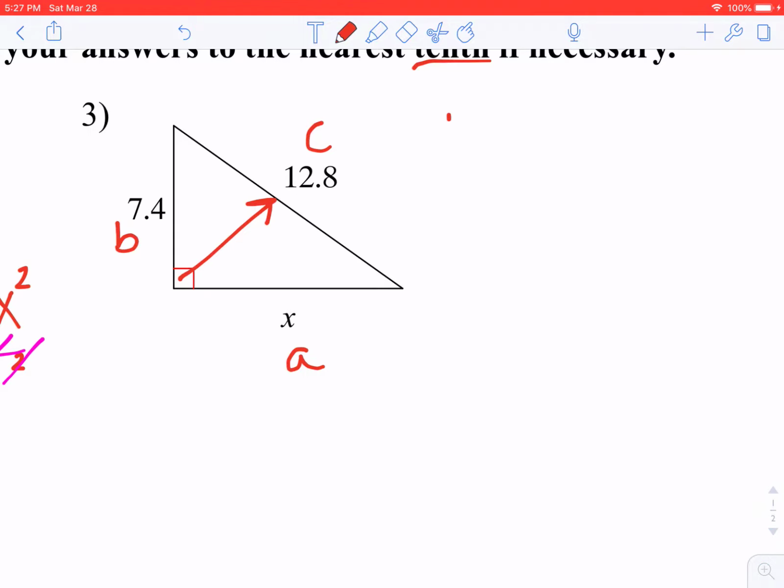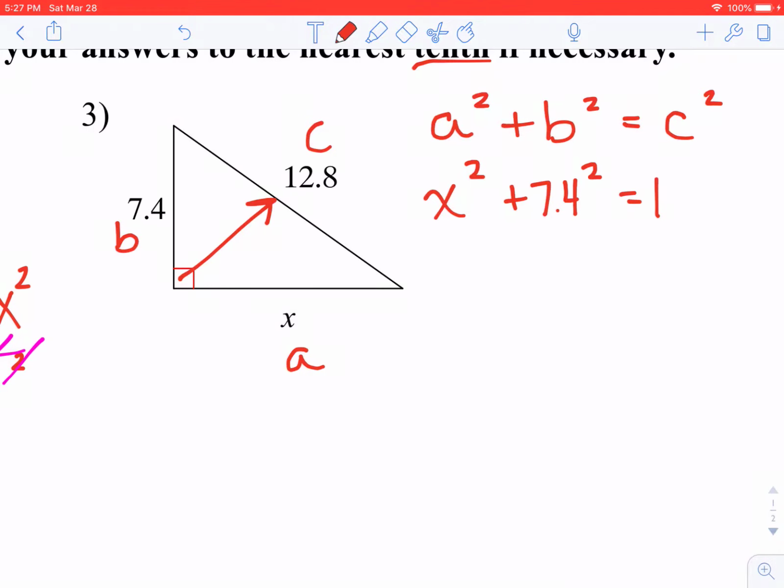So I'm going to start by writing my theorem. A squared plus B squared equals C squared. And I'm going to substitute values in. The A squared I said was the X. The B I said was the 7.4. I put an exponent of 2 on that.